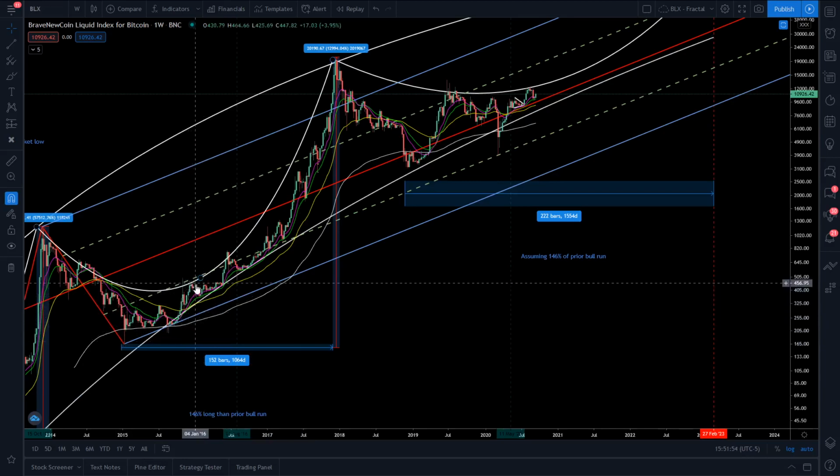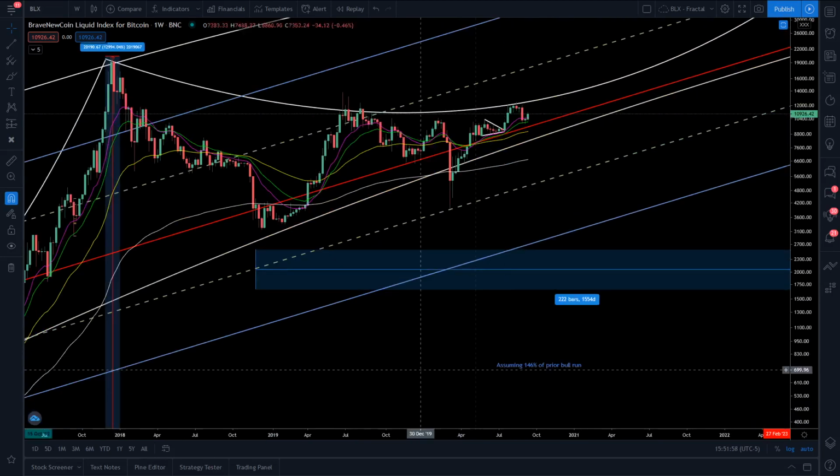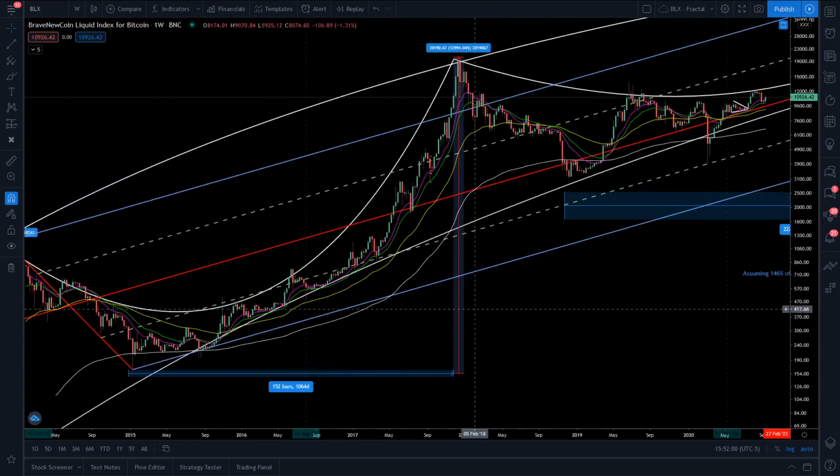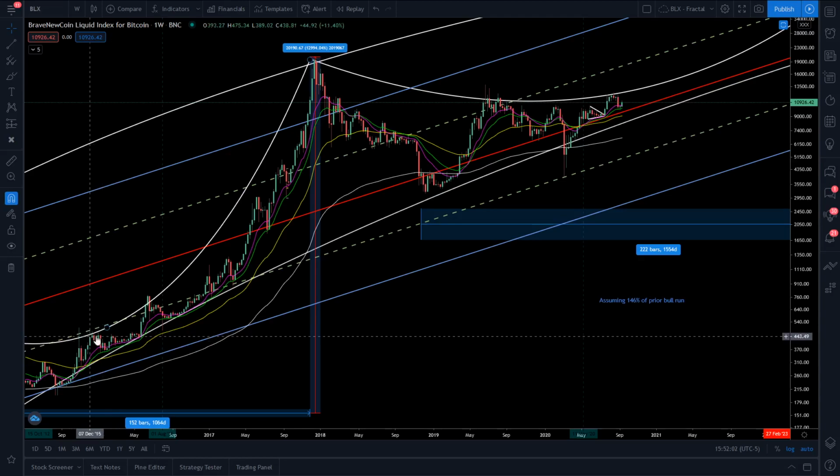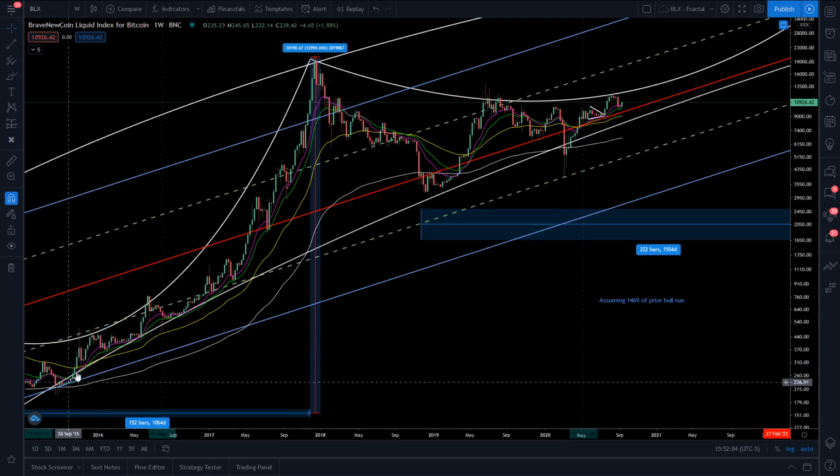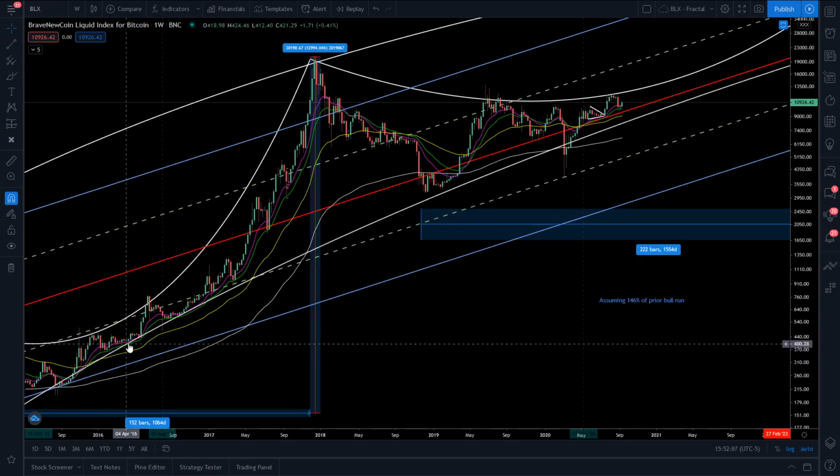It more or less just meanders sideways and almost looks like a little ascending triangle there, but the pattern doesn't really matter. What matters is that we got the shot up and then the 21 EMA is holding and we just consolidate on top of it.